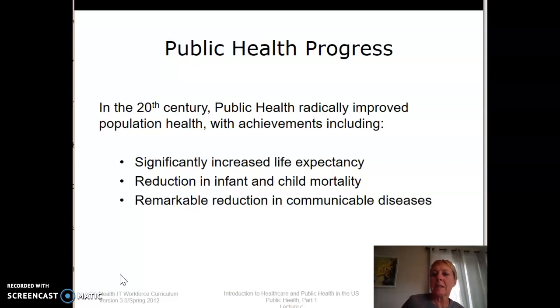Public health progress in the 20th century did improve population health. The big improvements were that life expectancy in the 20th century increased, infant and child mortality decreased, and the incidence of communicable or contagious diseases decreased.